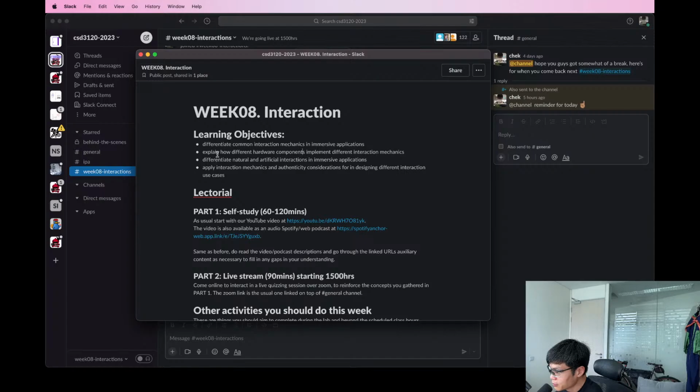So that's differentiating interaction mechanics, and explaining how different hardware components implement these so-called mechanics. And then people have also introduced two terms as dimensions to help in thinking about how to design for each of your XR applications.